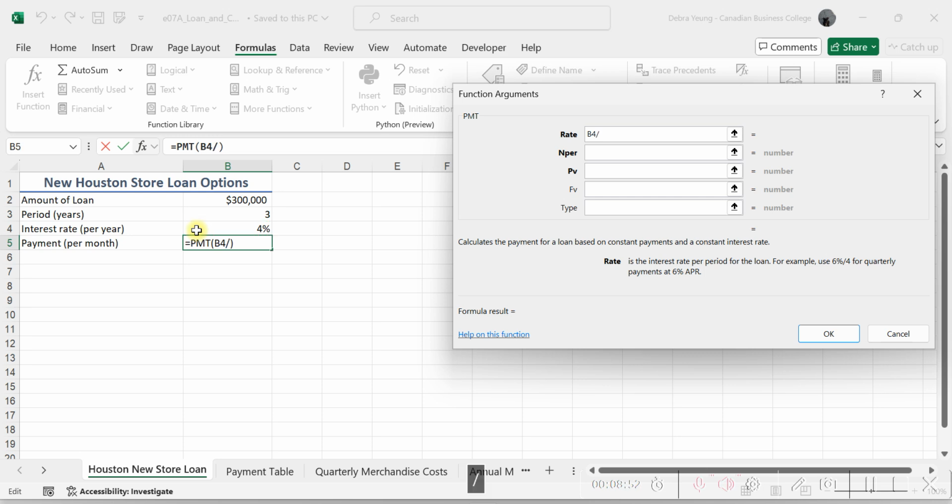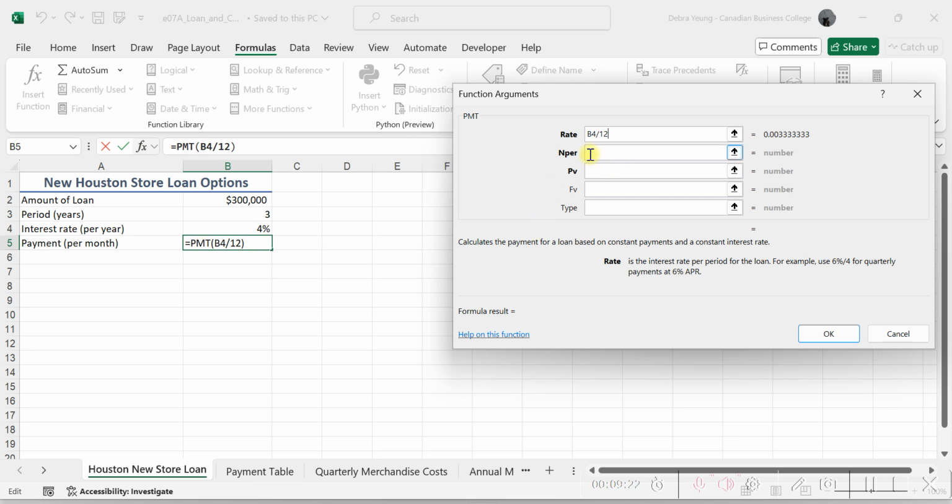Division symbol and 12, because there are 12 monthly payments per year and the interest rate is 4% per year. Let me come back and do that again for you. Which cell has the interest rate? B4 has the interest rate. And because there are 12 monthly payments, we're going to divide it by the number 12.